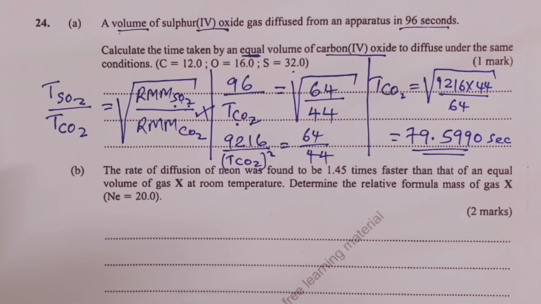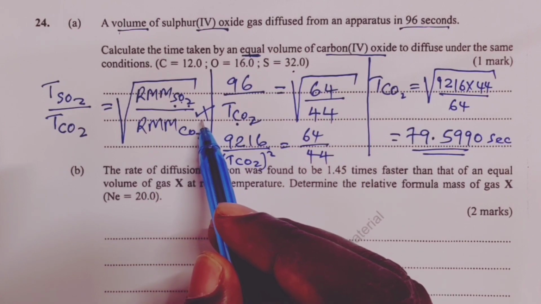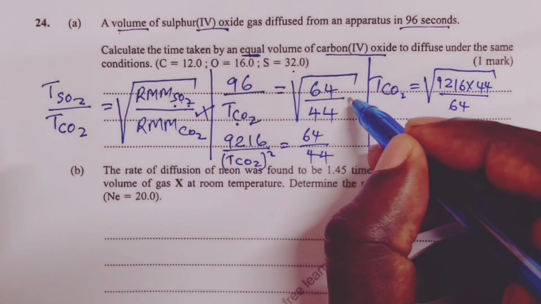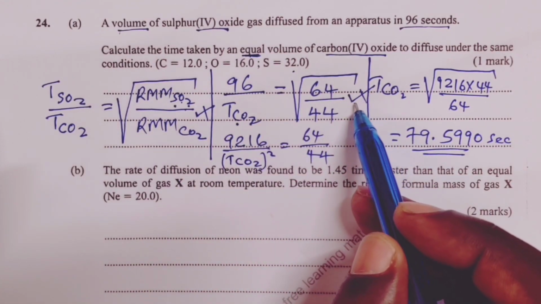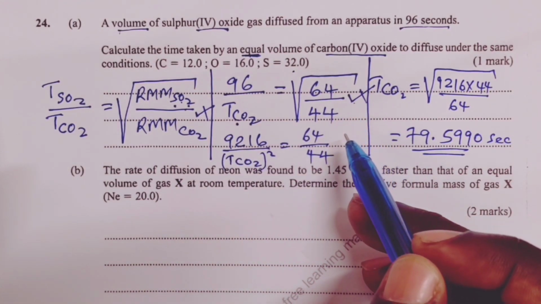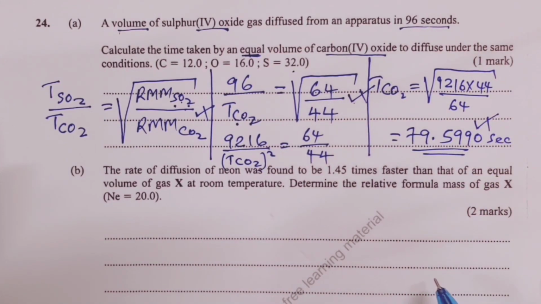Let's see how we are marking. First, a mark from the choice of the right relation, putting in the data from the question as per the relation, the next half mark. Then we have our answer, the last half mark.